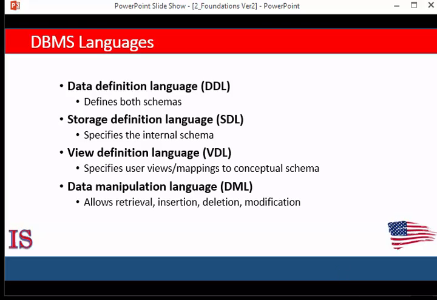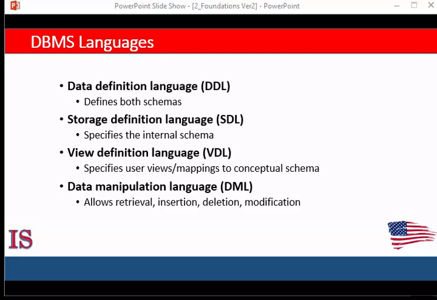Once the database schemas are compiled and the database is populated with data, users must have some means to manipulate the database. Typical manipulations include retrieval, insertion, deletion, and modification of data. The database management system provides a set of operations or a language called the data manipulation language for these purposes. In current database management systems, the preceding types of languages are usually not considered distinct languages.